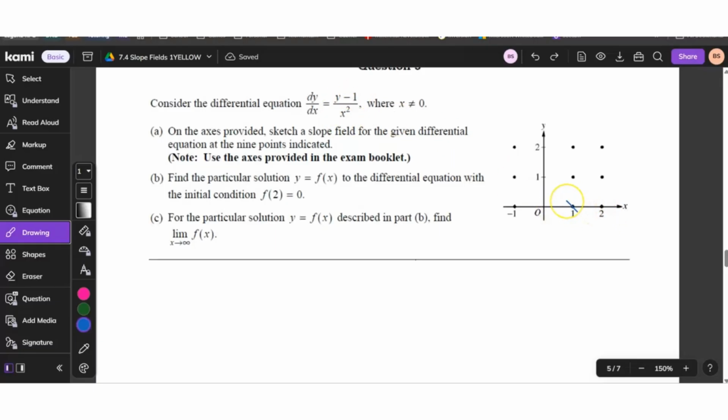Negative 1. Now when I put in 2, it's 0 minus 1, negative 1, over 4. So it's got to be negative 1/4. It's like really flat.